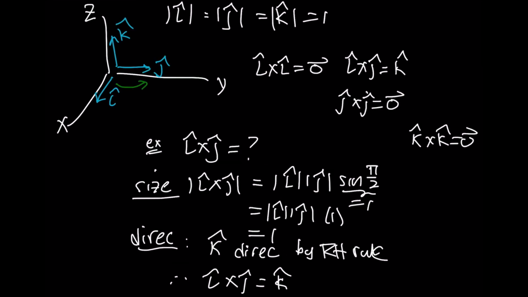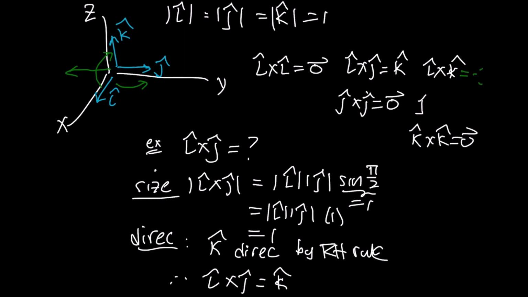Now, by this similar logic, if I wanted to go i crossed with k, according to the right-hand rule, the result would point in the negative y direction. The size of the vector would still have to be 1 because the angle between i and k is pi over 2, and the only vector that would fit the bill here would be negative j.